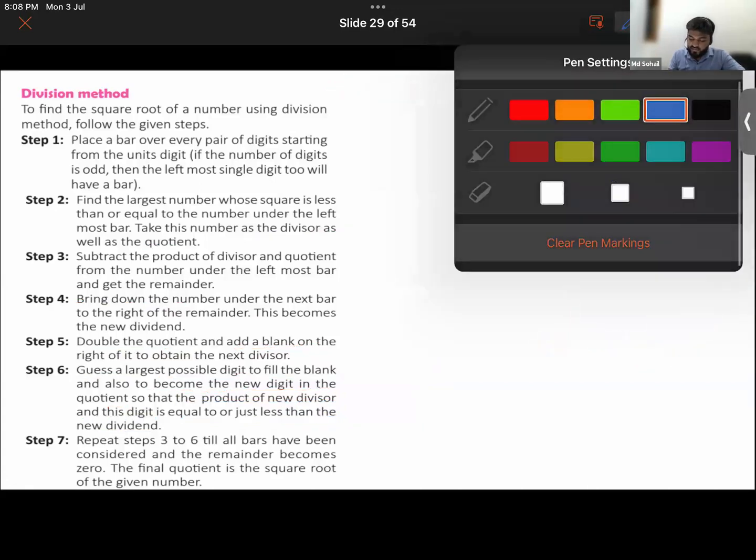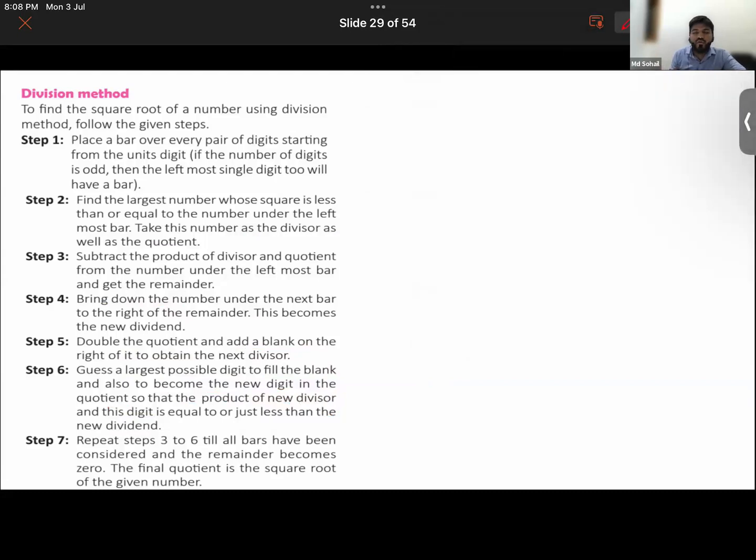Okay, let's take a question. Let's take another question. Let's take 441. Find the square root of this number. That's pretty simple, it should not take too much time.